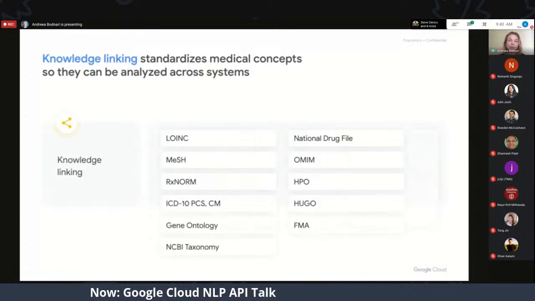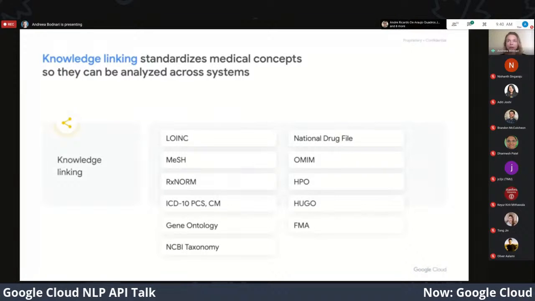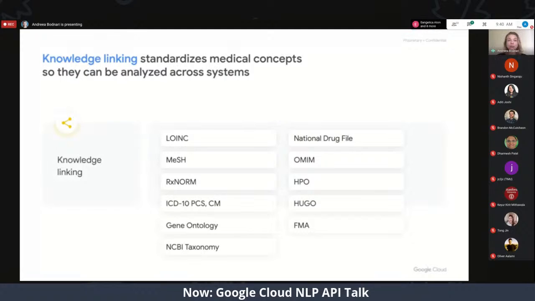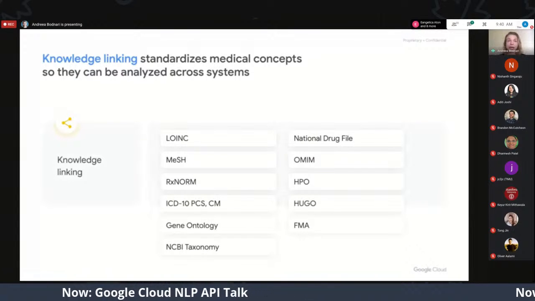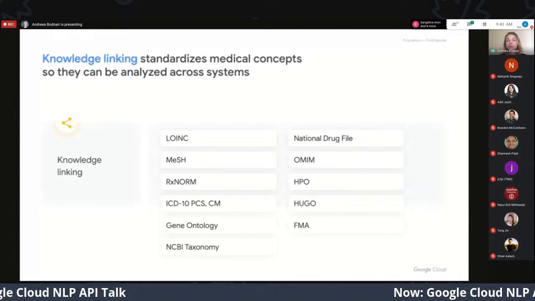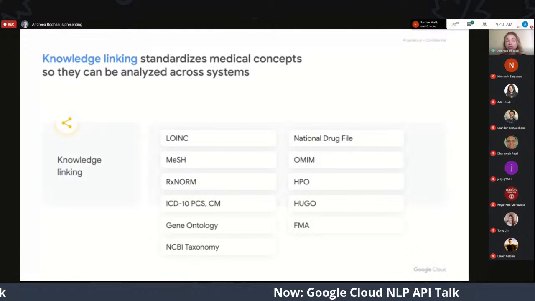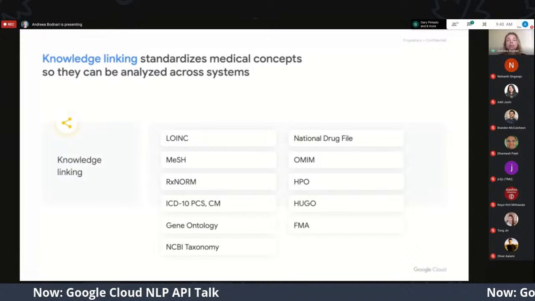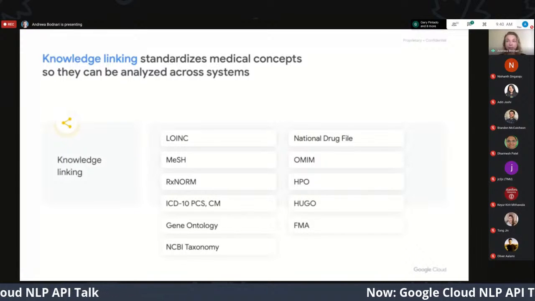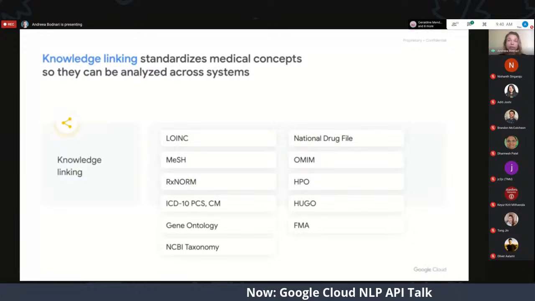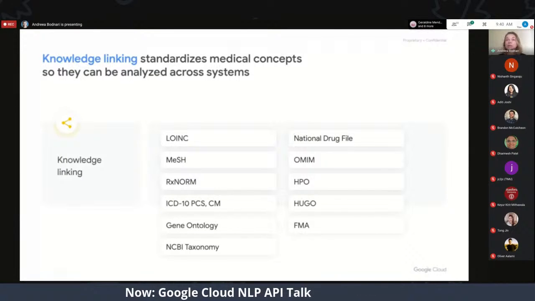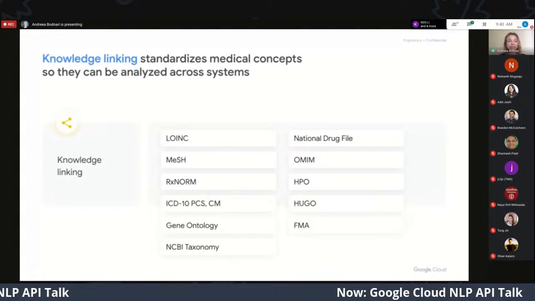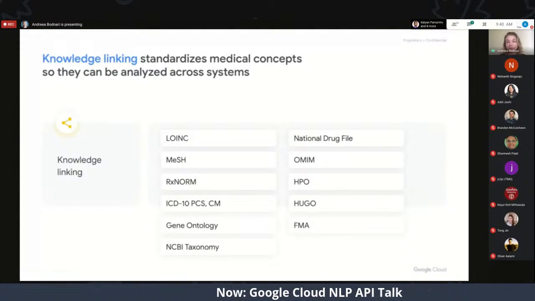And last but not least, once we extract this information with the Healthcare Natural Language API, we enable our customers to standardize the medical insights against industry standard dictionaries. Once you standardize the information, it can be analyzed across systems. The reason standardization is important is because humans are very creative in the way they use language, and they might refer in 10 different ways to the same piece of medical information.